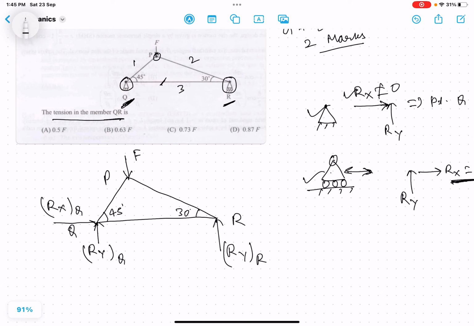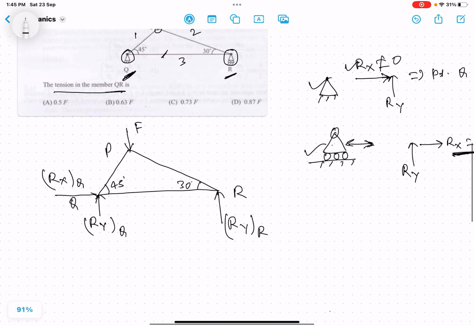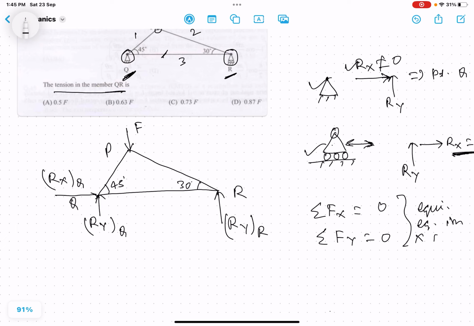As you can see, we apply summation of forces in x direction equals 0, and summation of forces in y direction equals 0. These two are the equilibrium equations in x and y direction.